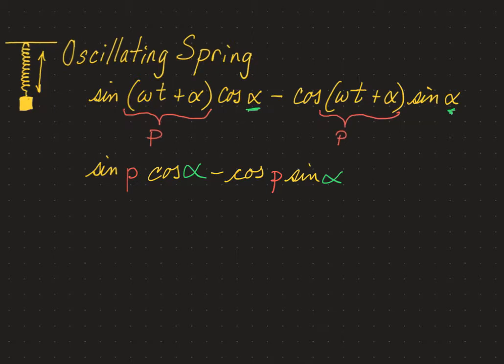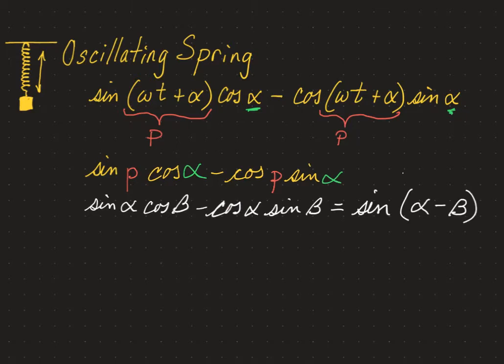It looks quite similar to this: the sine of alpha cosine beta minus cosine alpha sine beta. In fact, it looks exactly like the formula for the sine of the difference between two angles. So let's go ahead and finish out that formula now that we have identified the pattern.